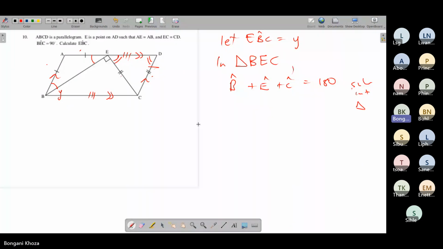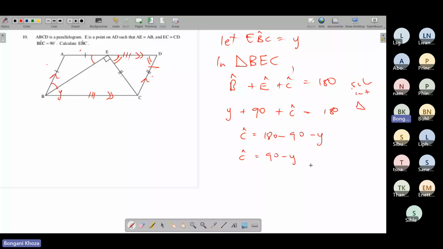From there, angle B, I said, was Y. Angle E, I'm given as 90, plus angle C, I don't know what angle C is, equals 180. So I can say my angle C is 180 minus 90 minus Y. So my angle C is 90 minus Y.